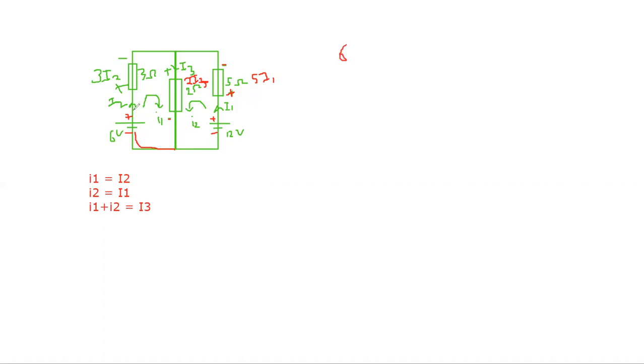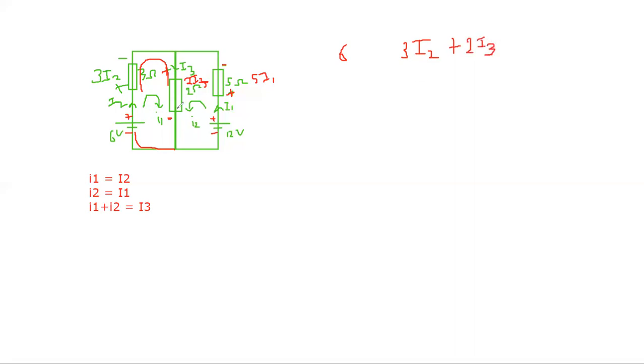Next you encounter this resistance. This side is plus and this is negative, so you encounter a voltage drop of 3 capital I2. Now you come to this resistance, where again you encounter a voltage drop, and the value is 2 I3.